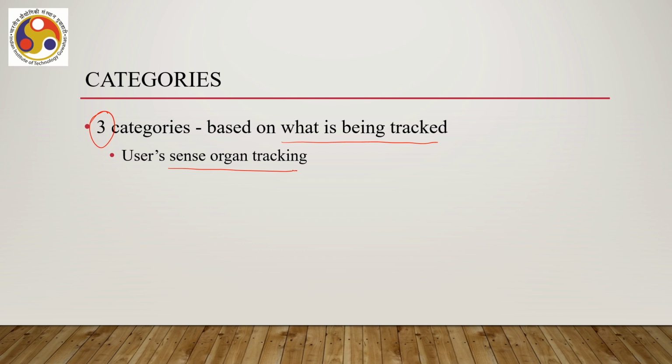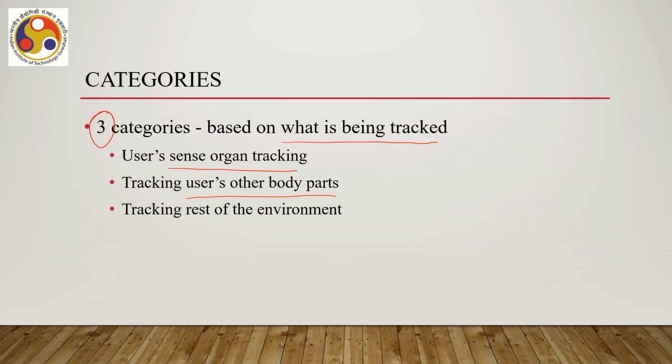So, that is one category, tracking of users' sense organs. Then we can also track users' other body parts, not only the sense organs. That is the second category of tracking. Thirdly, we can track the rest of the environment, not related to user. So, that is the third category of tracking.